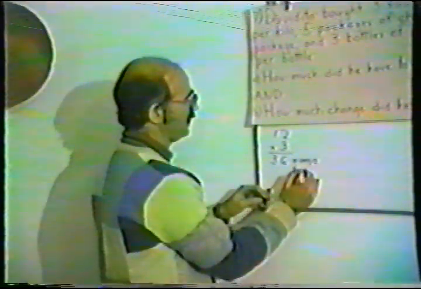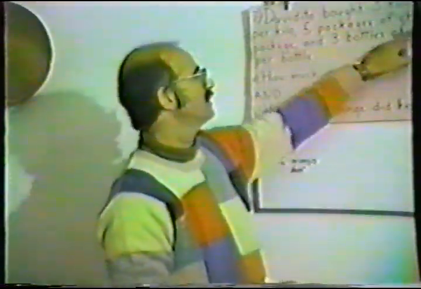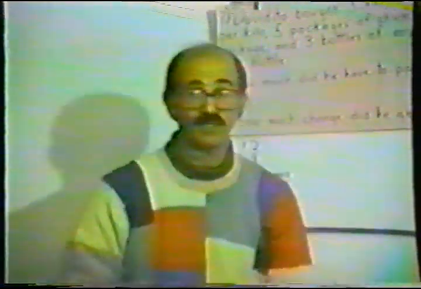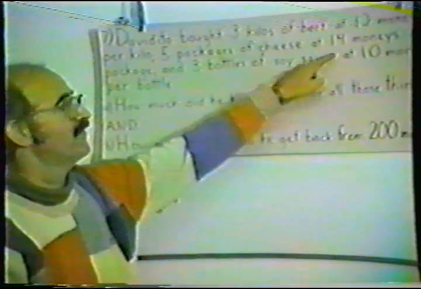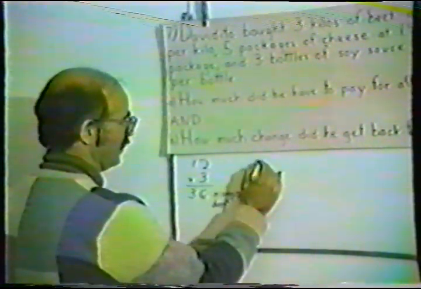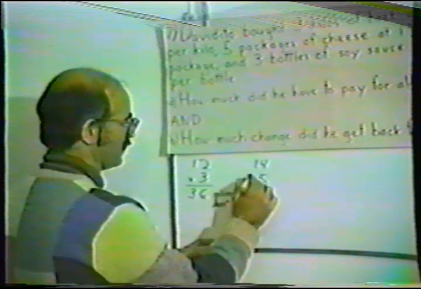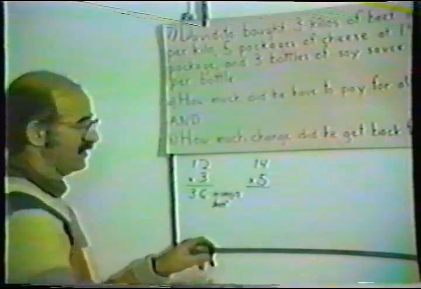He bought 5 packages of cheese at 14 monies per package. What do we do with those two numbers, 5 and 14? Multiply again. 14 times 5. 4 times 5 is? 20.